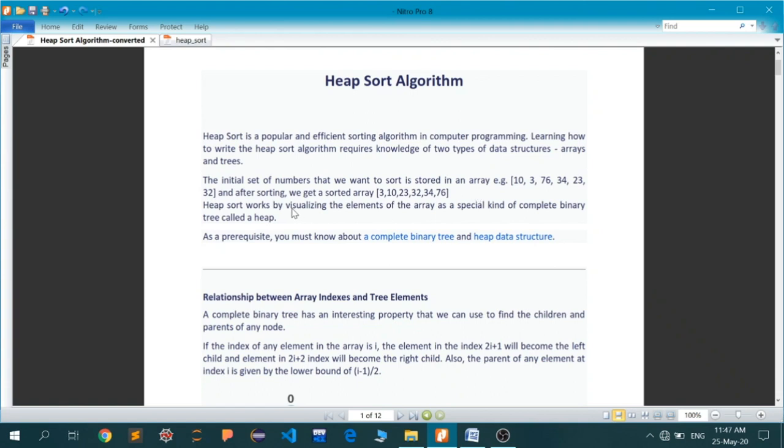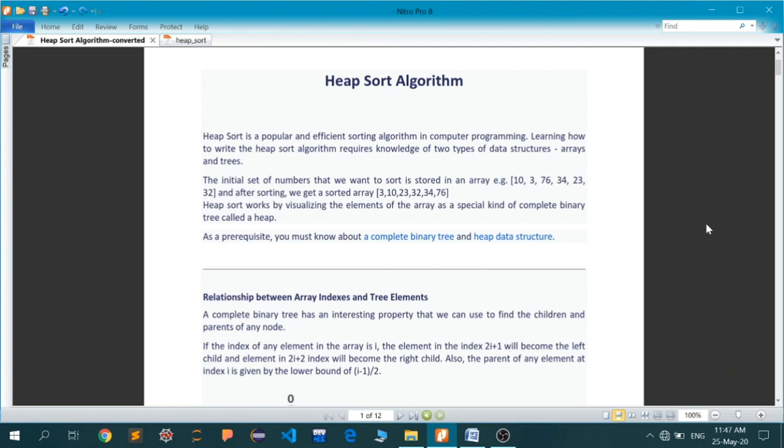Heap sort works by visualizing the elements of the array as a special kind of complete binary tree called a heap. Heap is a type of data structure which is actually a binary tree but has a few extra rules applied to a complete binary tree.